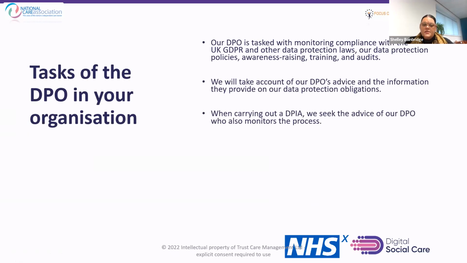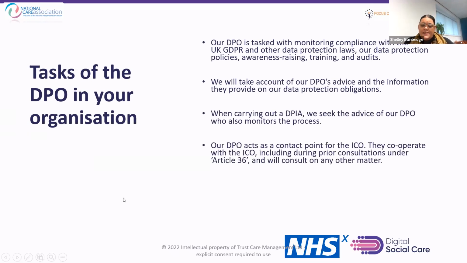So again, any projects that you do with new data and new systems, you must seek advice from a DPO to ensure that everything has been accounted for, that you are completing accountability and all risks are mitigated. Our DPO acts as a contact point for the ICO. They cooperate with the ICO, including during prior consultations under Article 36.